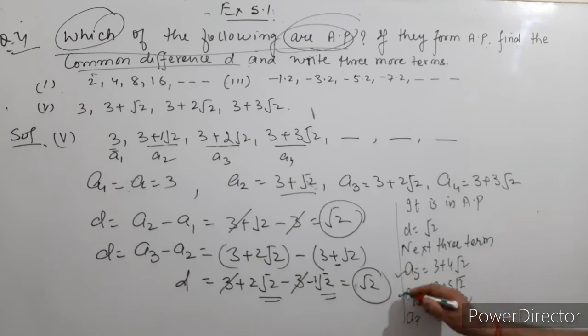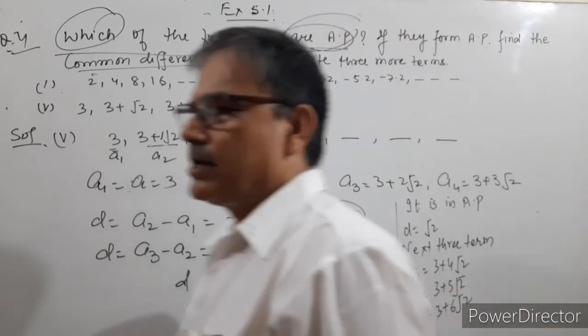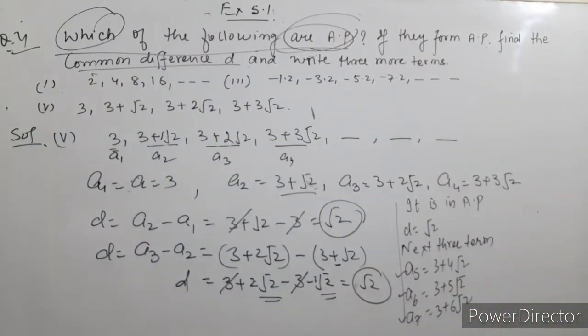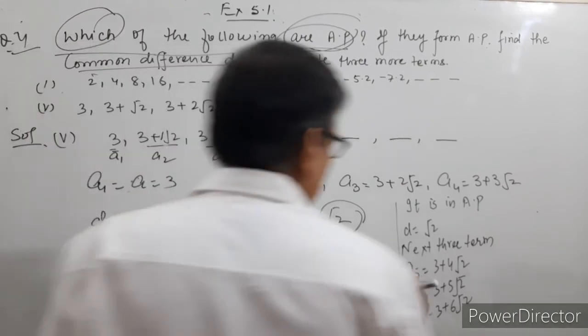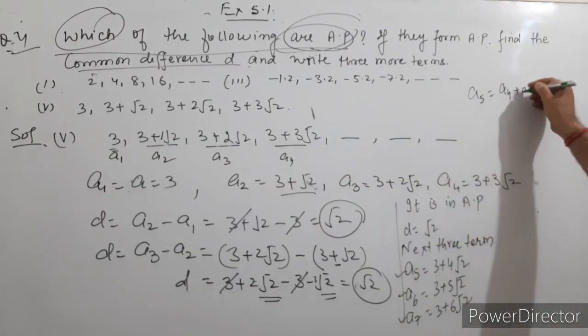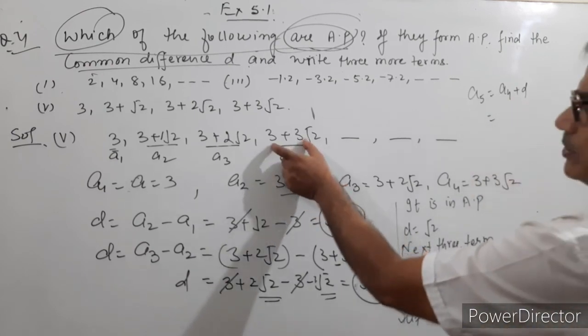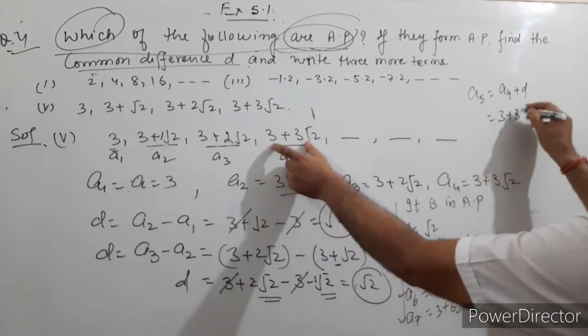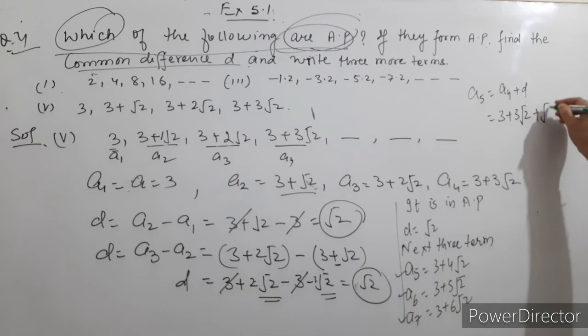These are the necessary terms, and check how it came. I will show you again. How did this come? Listen carefully. A5 is equal to A4 plus D, and what is A4? Here is A4, this one, 3 plus 3 root 2, and what is D? Root 2.